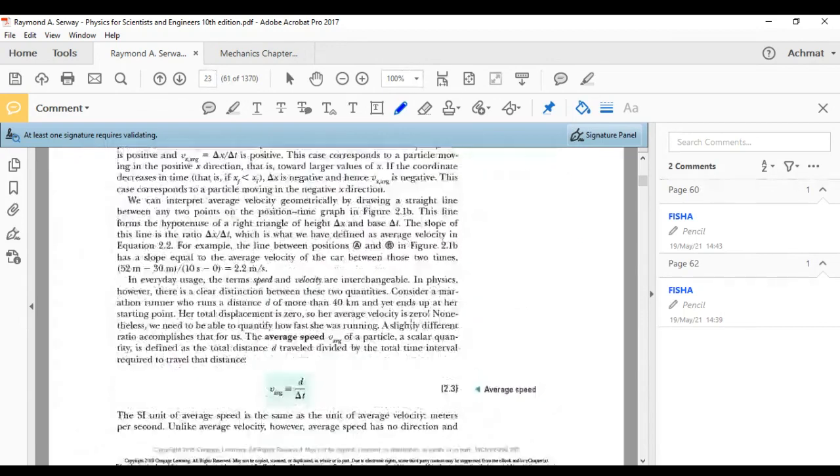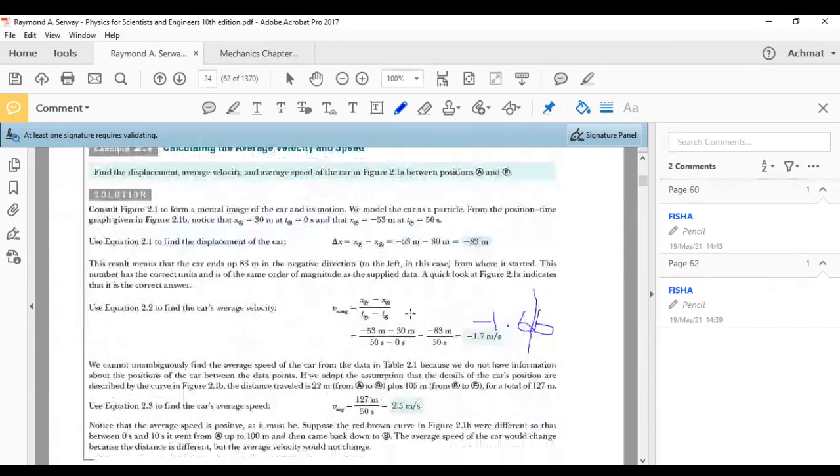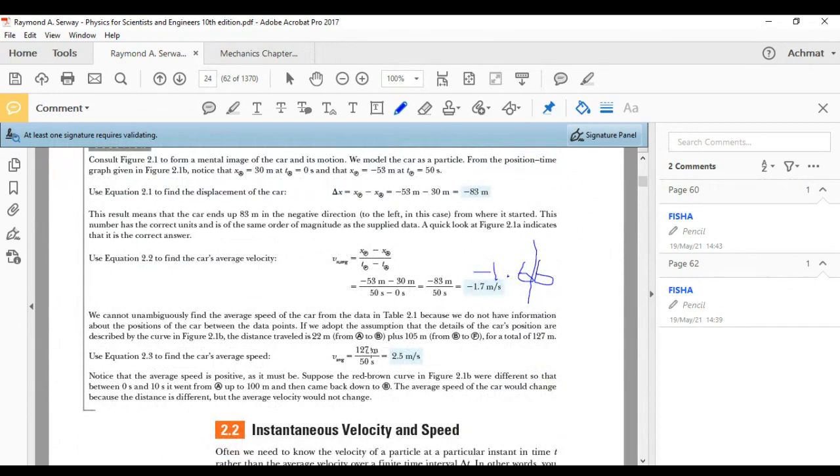So as you can see there, according to that, we actually got a distance of 127, and the time again is 50. And then we divide those two, and then we can get our answer. And again, you can see here, according to significant figures, I got an answer to 2 decimal places. 127 divided by 50.